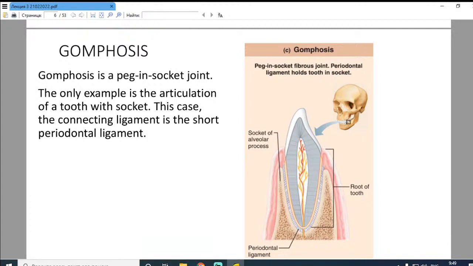Gomphosis or peg and socket fibrous joint. This is the root of the tooth. This is, you see, the socket of the alveolar process of the bone. This is, you see, the periodontal ligament, the connecting ligament. This is gomphosis.